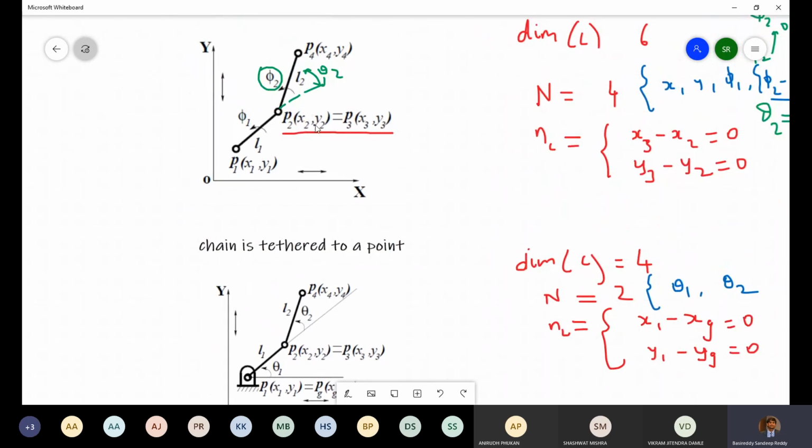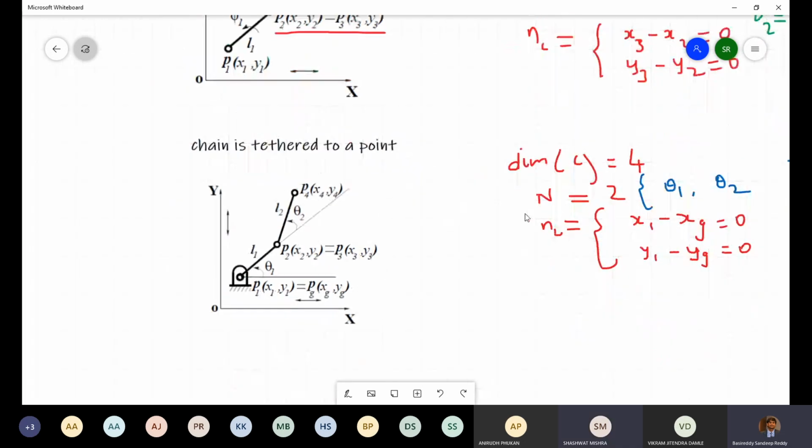I'm assuming you have reached here, and now from this point I'm just fixing this part, P1. So that is why it leads to only this kind of expression. Dimension of C is 4 and I'm adding 2 constraints as compared to the previous figure, which leads to n equal to 2. Okay, sir.